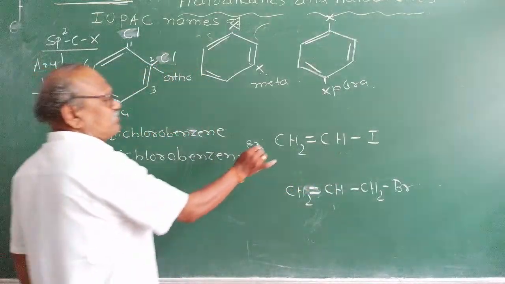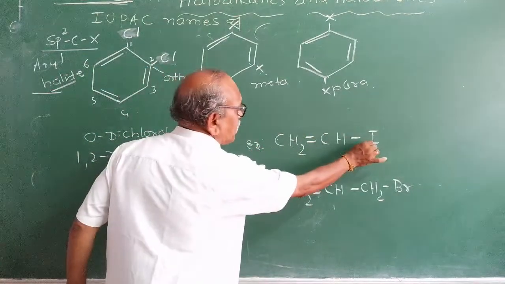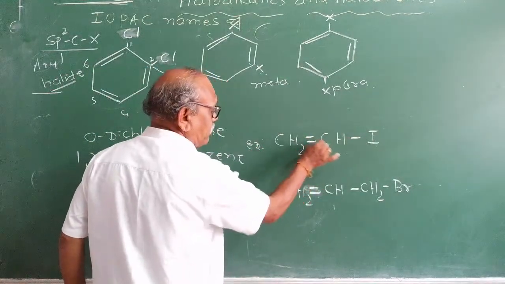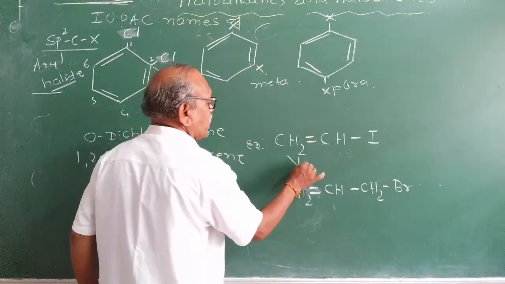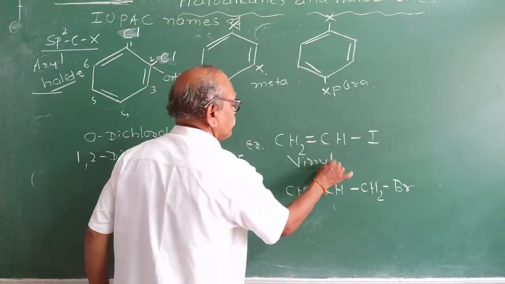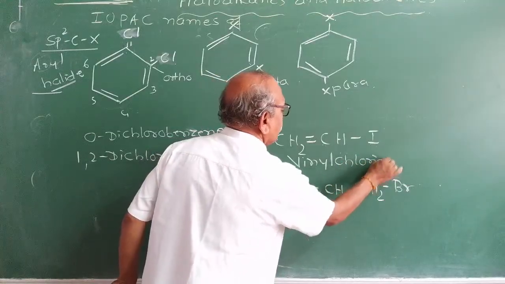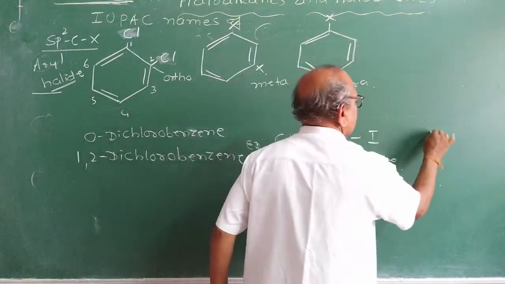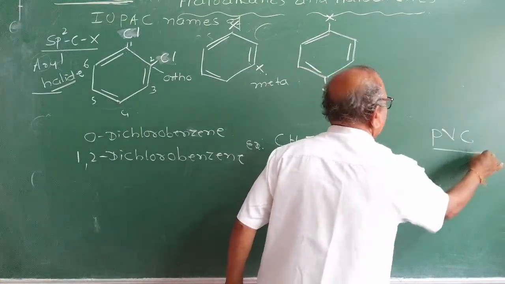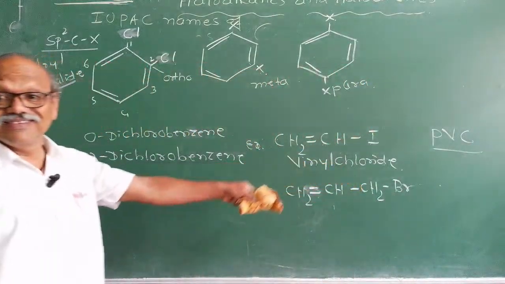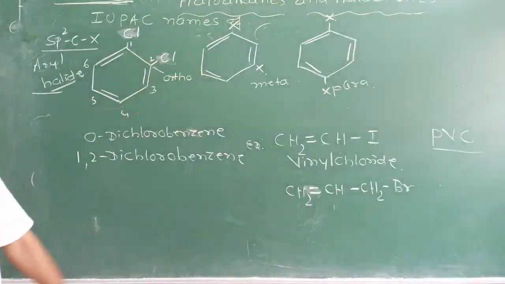In classification, we studied that when the halogen atom is linked to the carbon atom containing the double bond, then you call it vinyl chloride. Have you heard of PVC? What is the long form of PVC? PVC pipes and PVC sheets are available in the market.